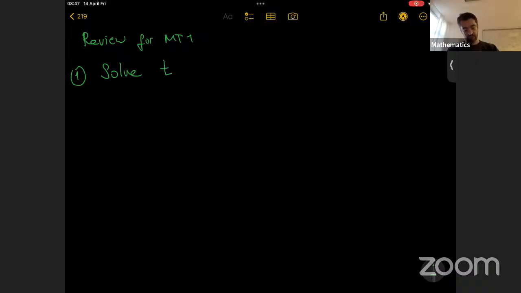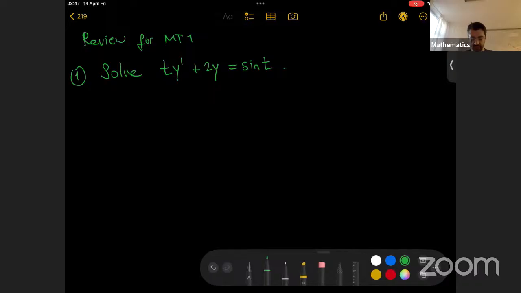this equation: t y prime plus 2y is equal to sine t. Well, to solve this, first we need to understand the type of this equation.